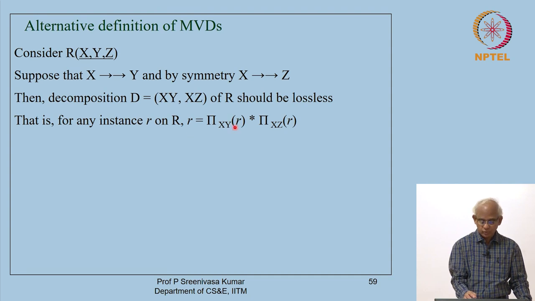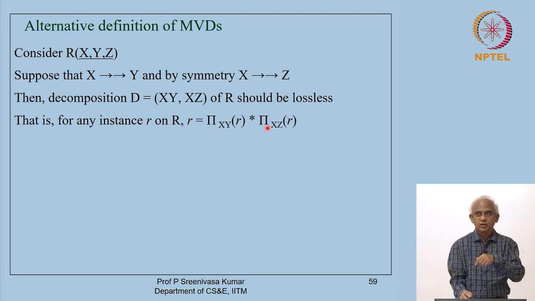So, if you do a projection here, for example, in the roll number, course number, friend email address example, if you do a projection on roll number and course number, you will get for every student all the courses he or she is doing, and here you will get for every student all the friends he or she has, right.